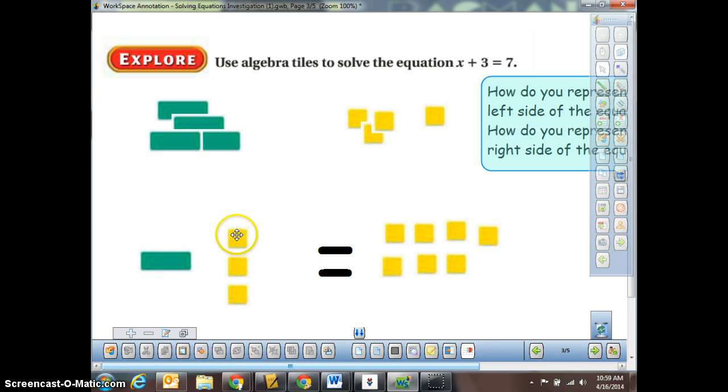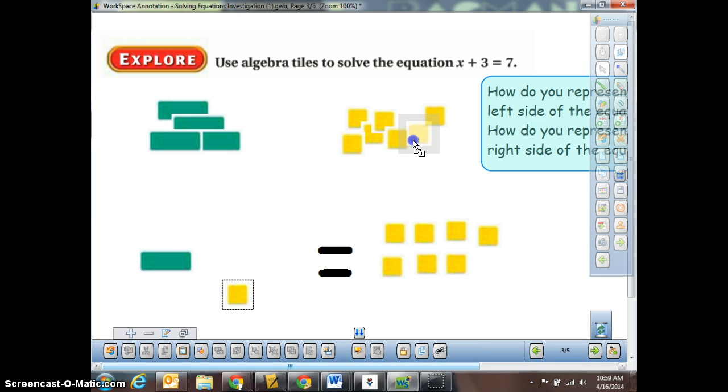We're trying to get x all by itself, for the record. We want to know that x equals something. We don't want x plus something equals another number. We want x by itself, so we can say without a doubt x is equal to a number. So in order to get x by itself, I need to get rid of these 3 single tiles.